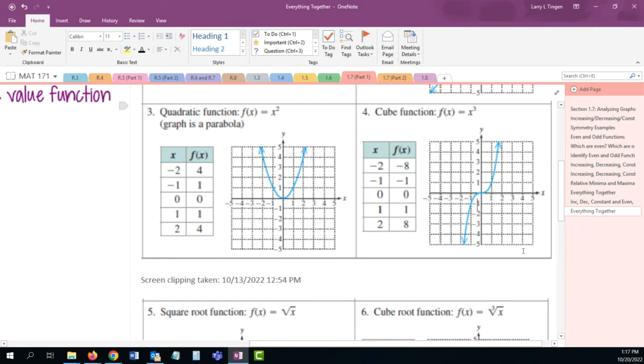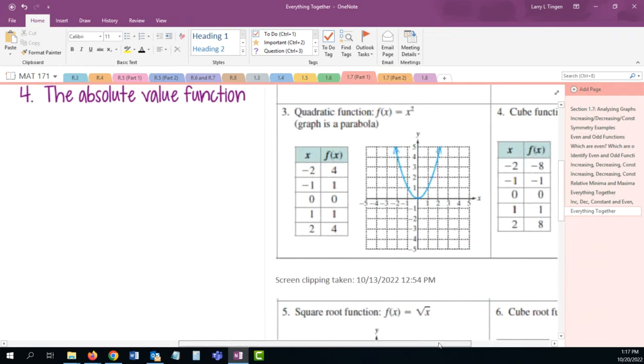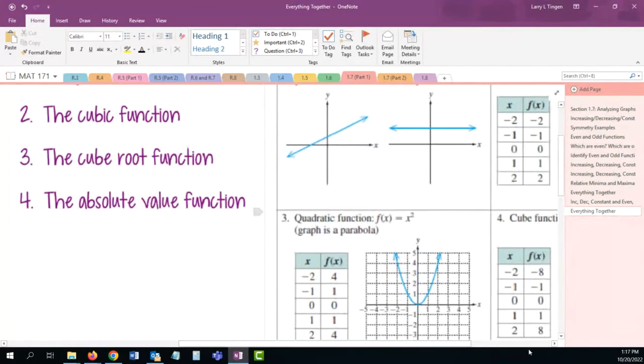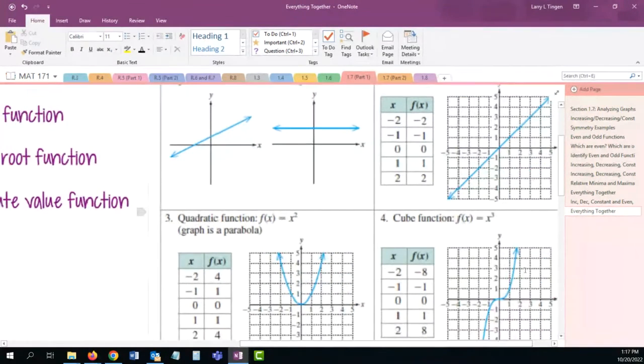Does this function ever fall from left to right? No, right? It changes its concavity right here, but it doesn't change its behavior, if it's increasing, decreasing, or constant. This function's always increasing.